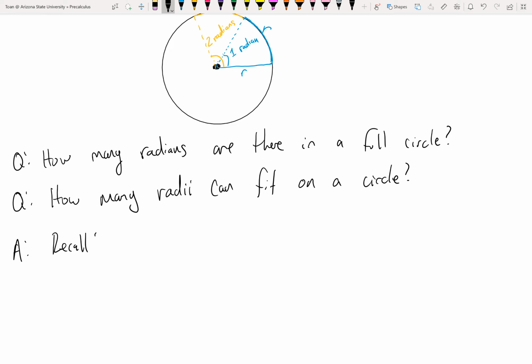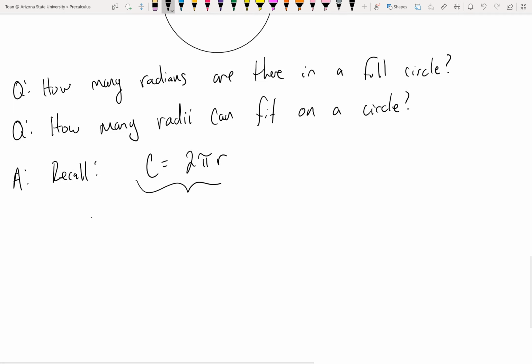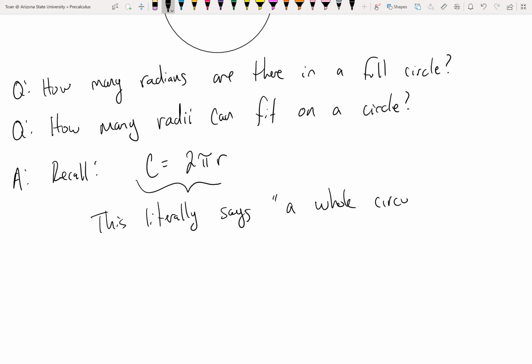Recall that we have a circumference formula. The circumference of a circle is 2 pi r. This literally says a whole circumference is 2 pi radii, right? This formula for circumference, 2 pi r, is a basic geometry formula we've all memorized. It literally says there are 2 pi radii in a full circle.